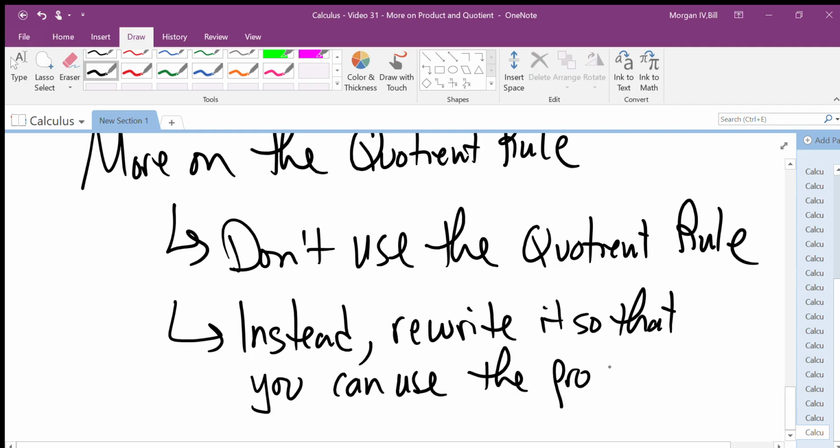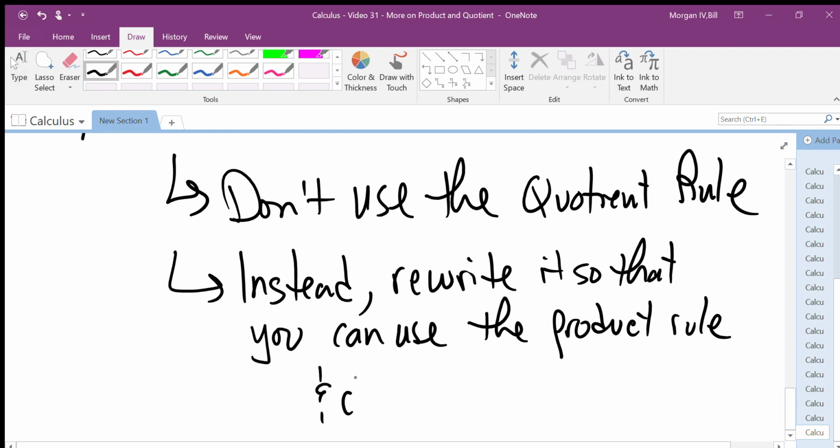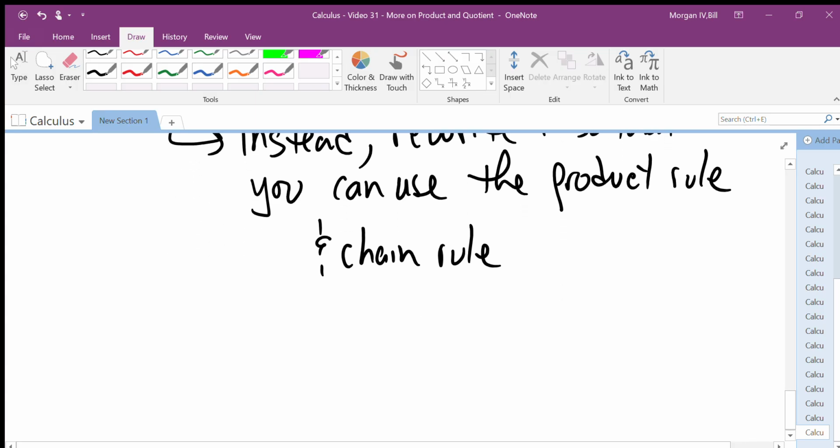And actually, it's not just the product rule. It will be the product rule and chain rule combo, kind of together. So don't use the quotient rule, instead rewrite it so that you can use the product rule and chain rule. Here's an example.